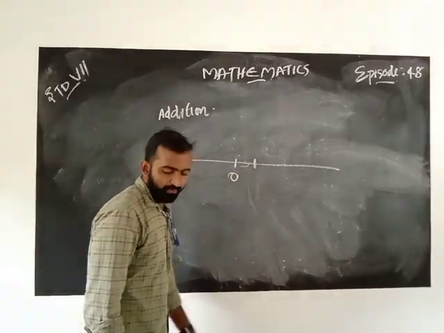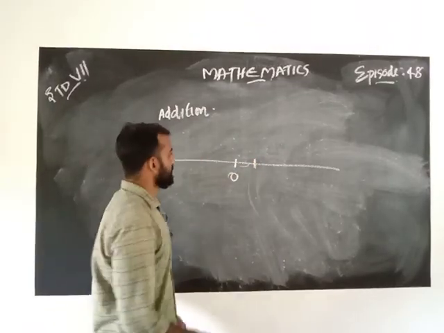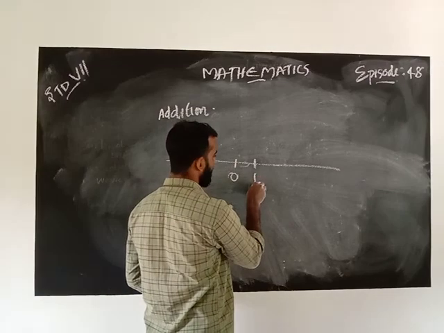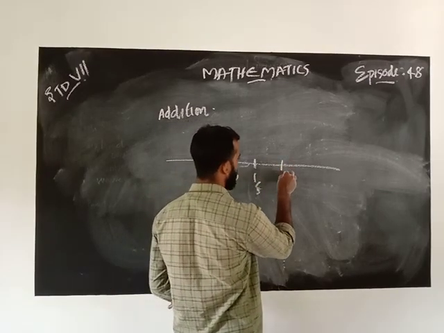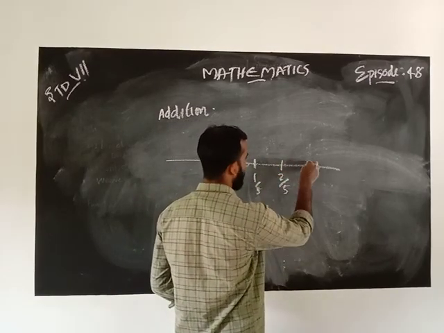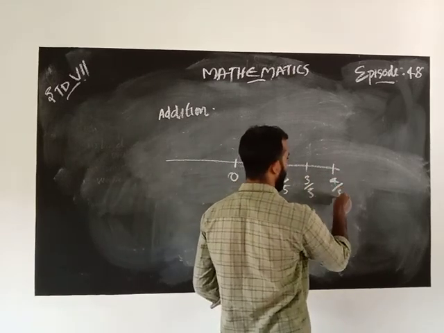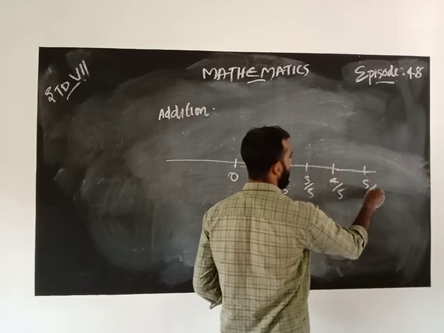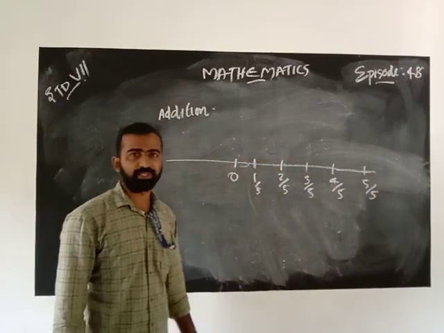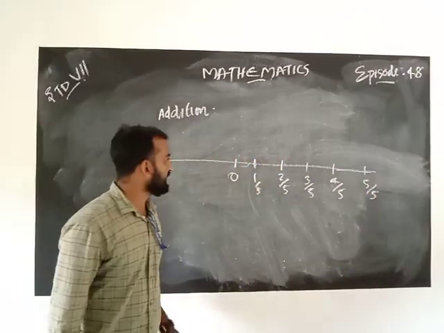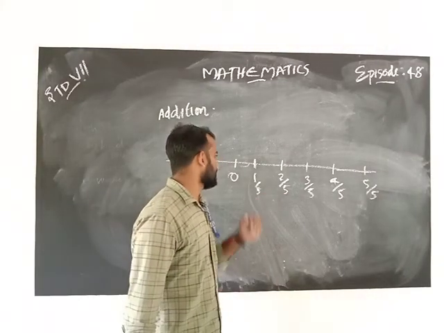We take this as 1 by 5, this is 2 by 5, this is 3 by 5, this is 4 by 5, and this is 5 by 5. Is it? Yes.